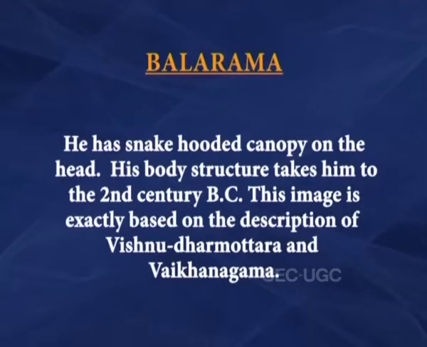He has two hands holding a plow in the left hand and a musala in the right. He has a snake-hooded canopy on the head. His body structure takes him to the 2nd century BC. This image is exactly based on the description of the Vishnudharmottara and Vikhanasa Agama.